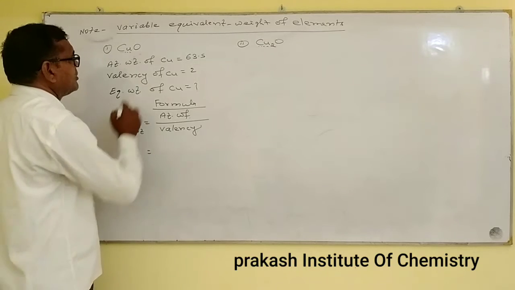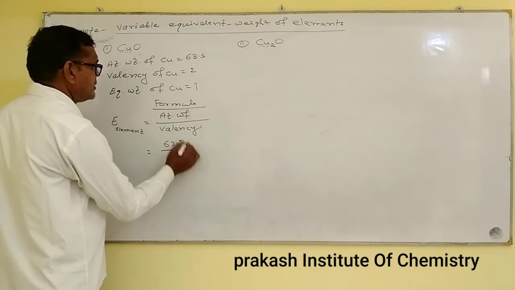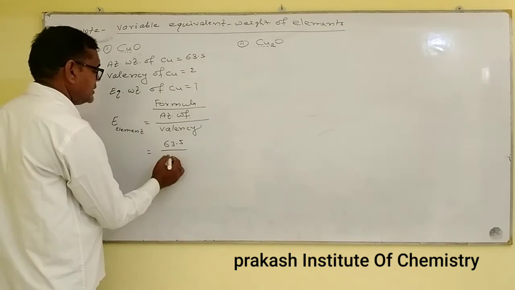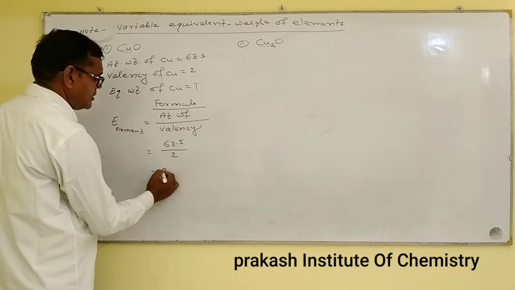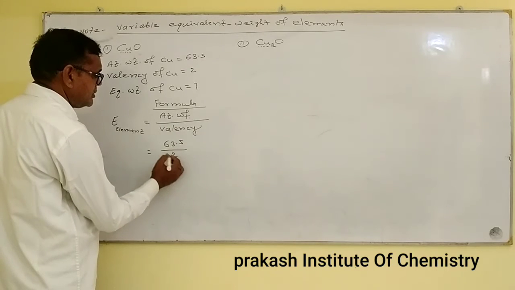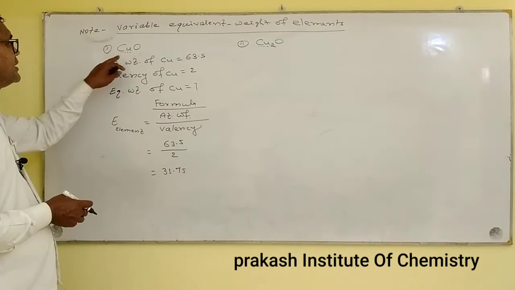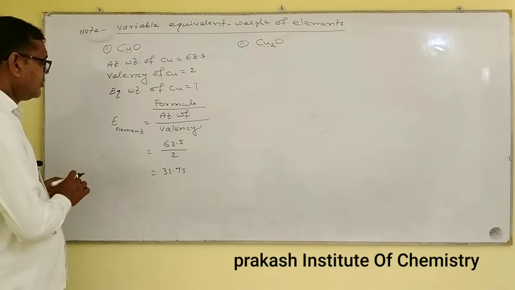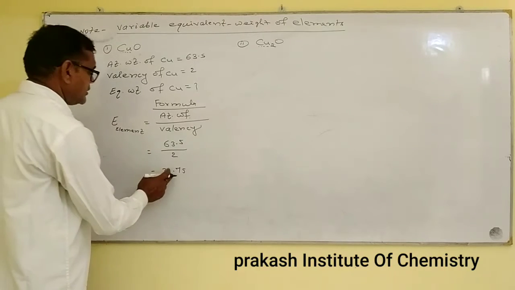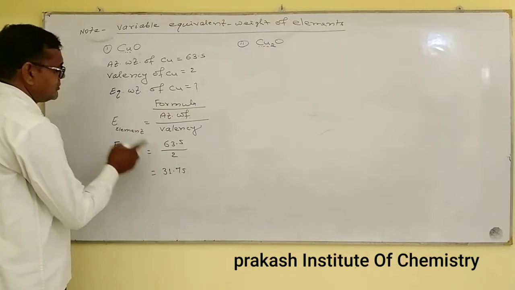Atomic weight of copper is 63.5 and valency is 2. We write here 31.75. In cupric oxide, equivalent weight of copper is 31.75. Here we write E of Cu. Clear?